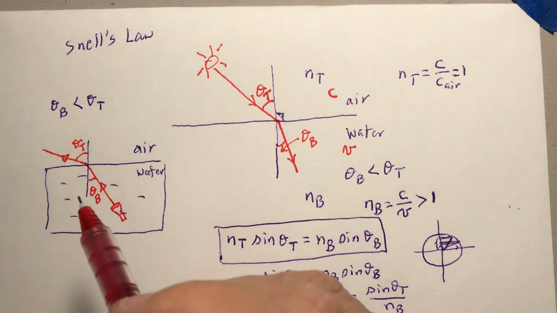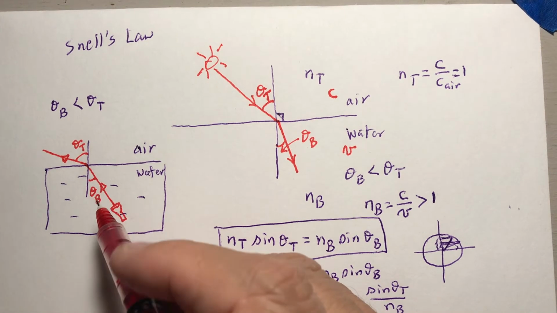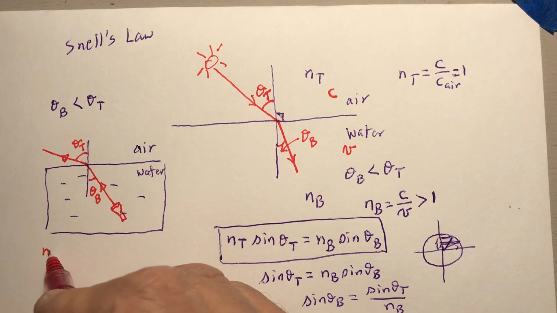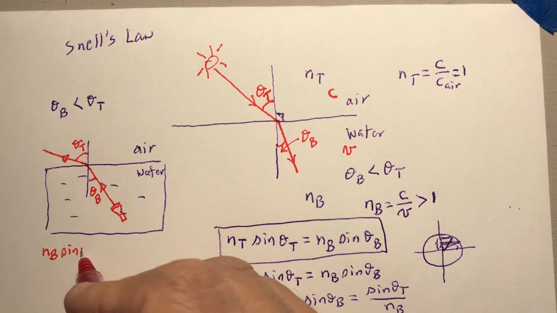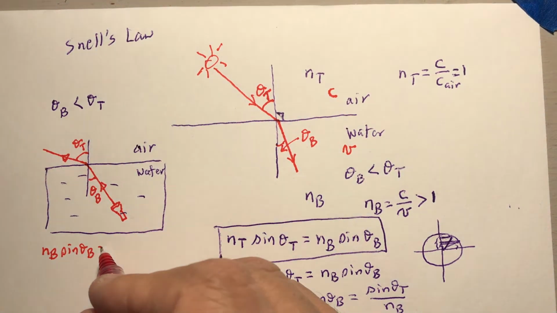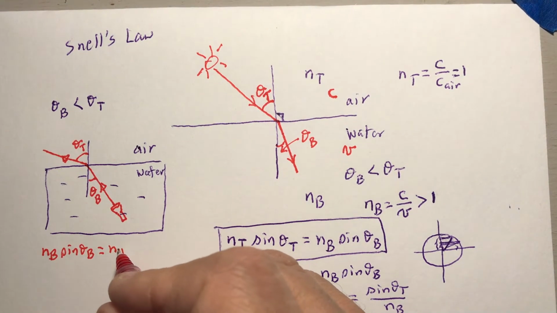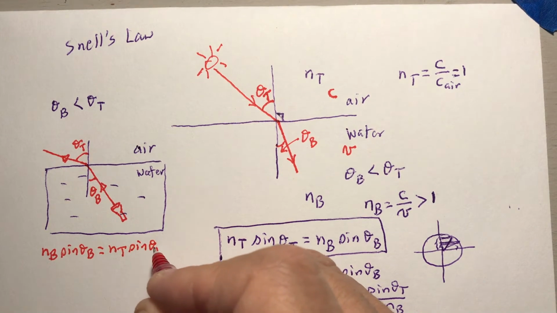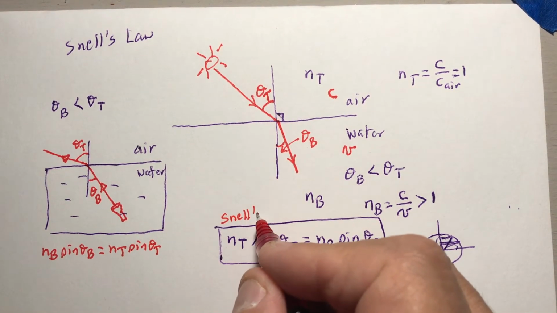So now what's going to happen, I can put here again N_B sine theta B, I'm coming from the bottom, is equal to N top sine theta top. This is, by the way, Snell's law.